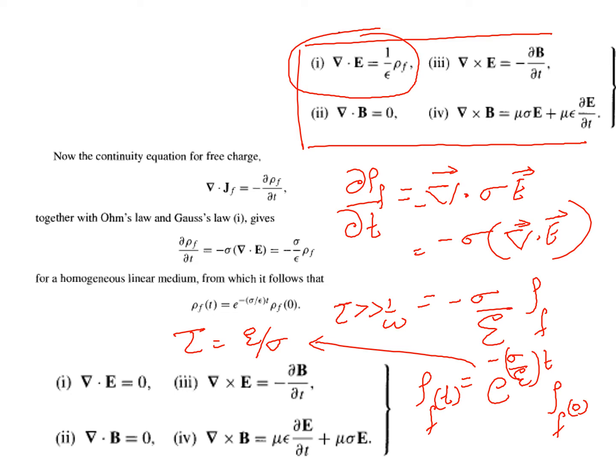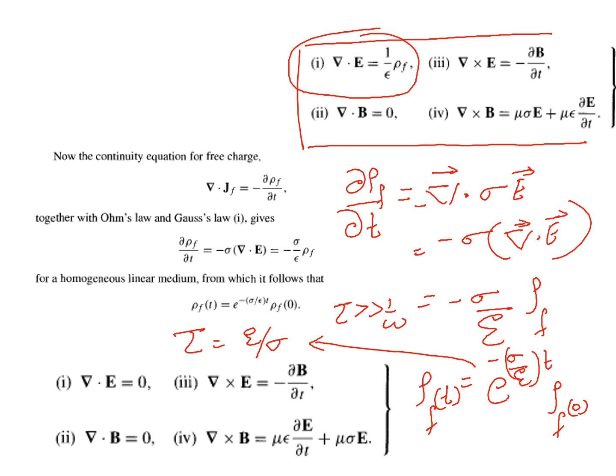So we know that for a conductor, whether it is very fast or by taking some time, the free charges inside will become 0 and move to the edges. So at some instant of time, the free charges will be 0. We will wait till that time, and at that moment we are just going to apply the Maxwell's equations here.